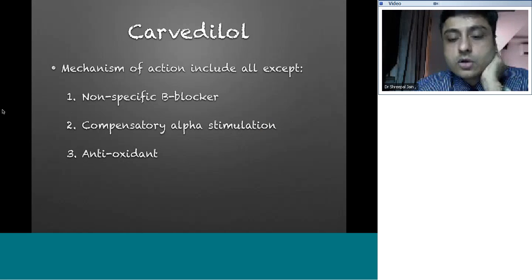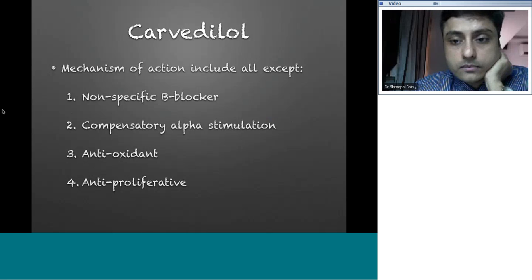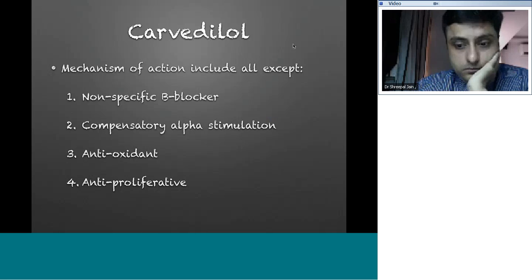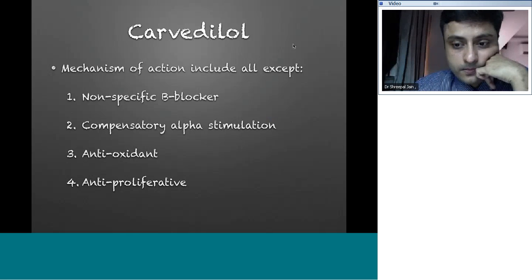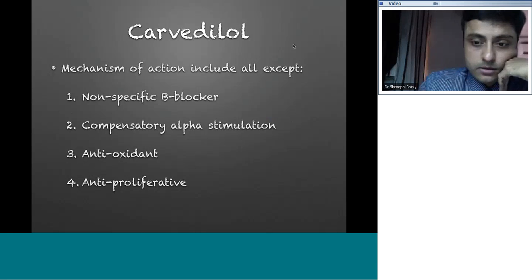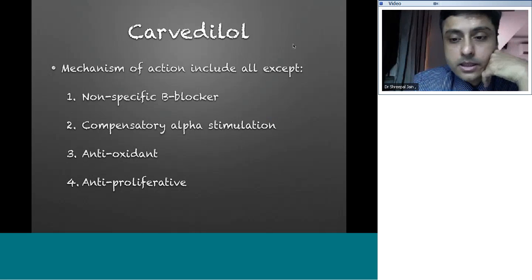So which of these is not an action of carvedilol? Anyone? Number 4. Number 4. Anybody who disagrees with these answers?